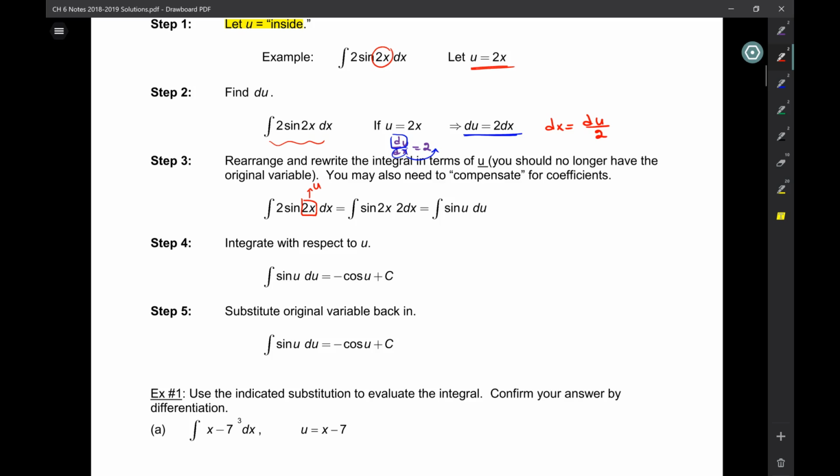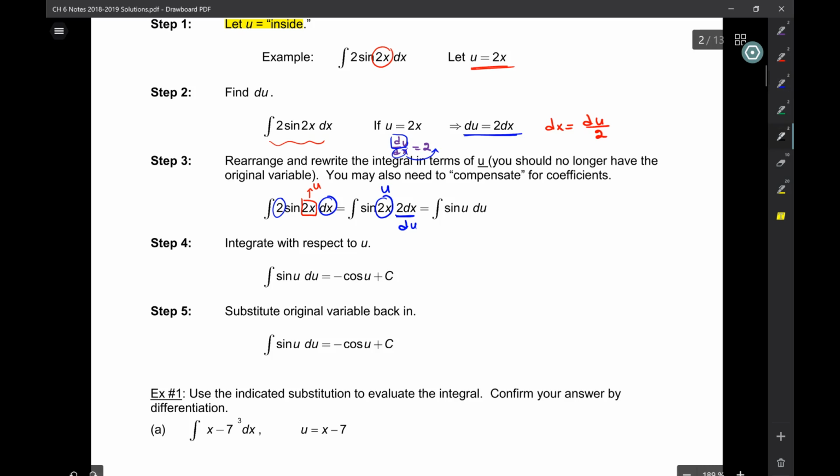So another way I could do it is this 2 and this dx together are what? The 2 dx's together are du. So now look at what I did. This is u and this is du. So I can rewrite this as sine of u du. Okay?